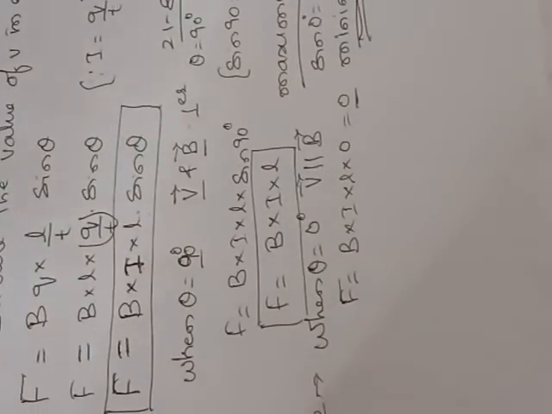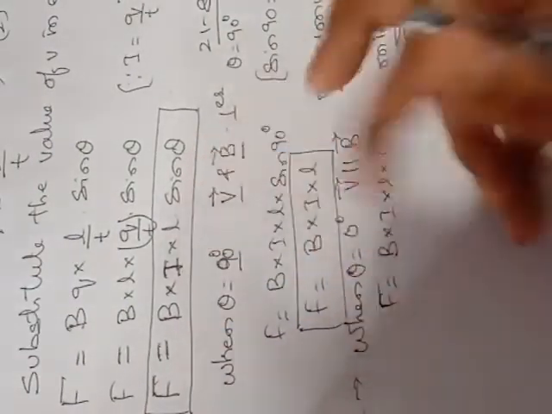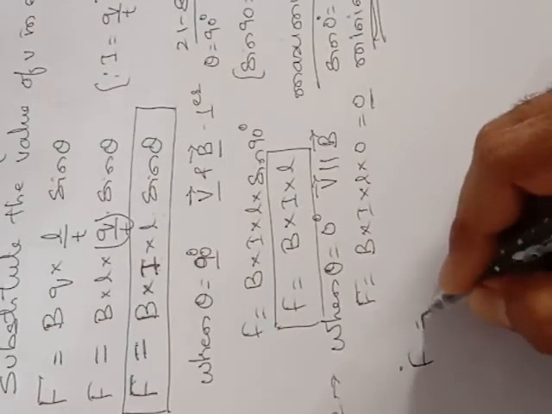Now one more thing they may ask is what is the vector form of the force acting on a current carrying conductor. Yesterday we proved F is equal to BIL sin theta. Now the same can be converted into vector form.